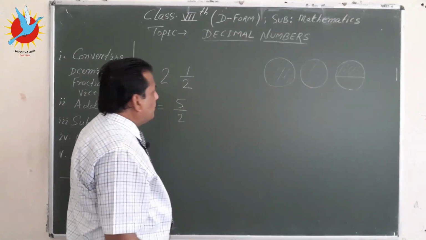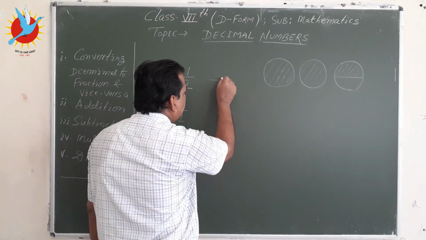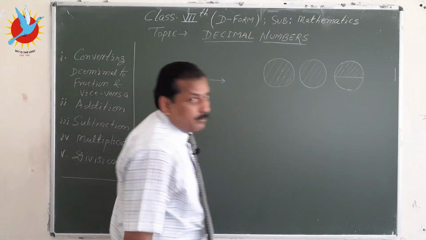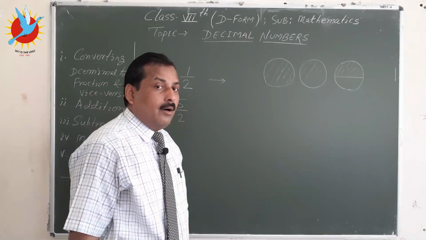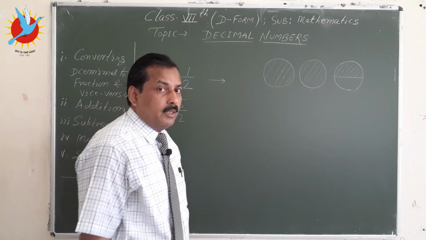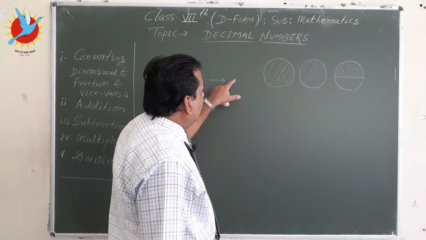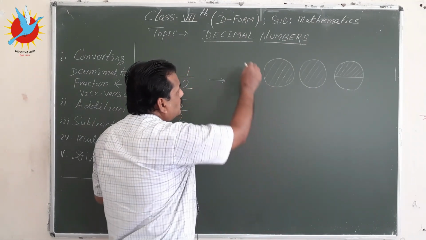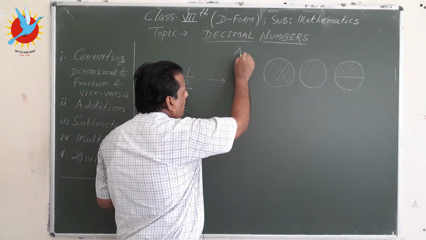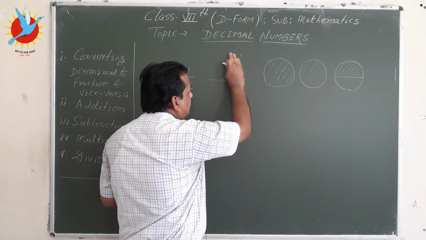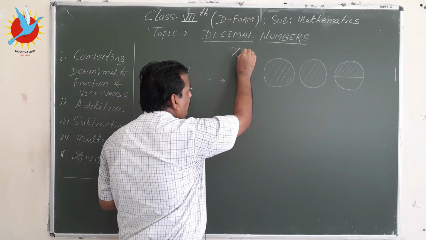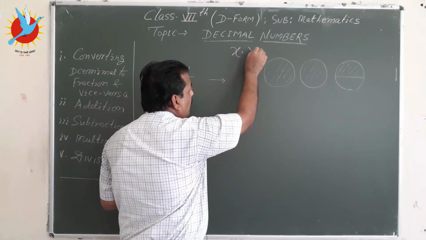And to represent this in decimal, decimal is another area of mathematics, decimal numbers. Any decimal is represented as, let us say this is x, then a dot and y.